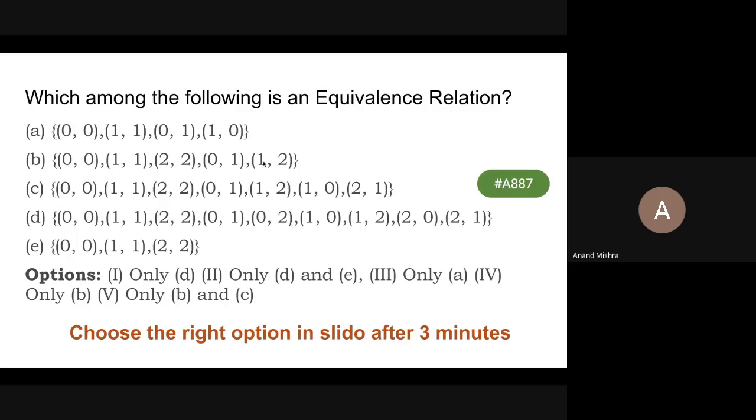Now, these are the set of relations over a set A, which contains 0, 1, 2. Which of these are equivalence relations? Take some time, because this may require some computation, and then answer it.